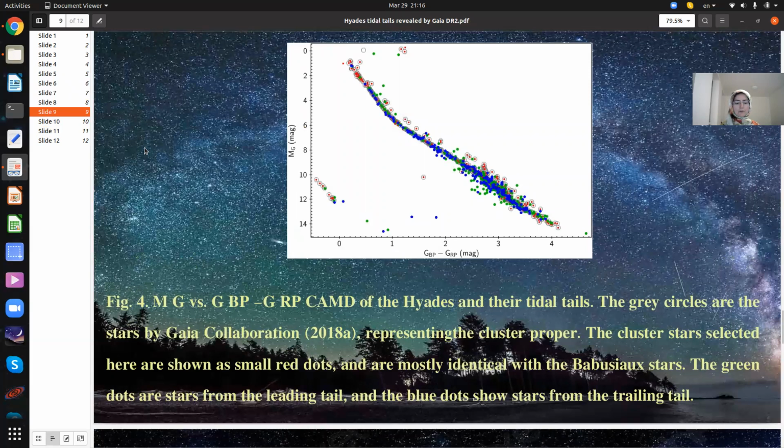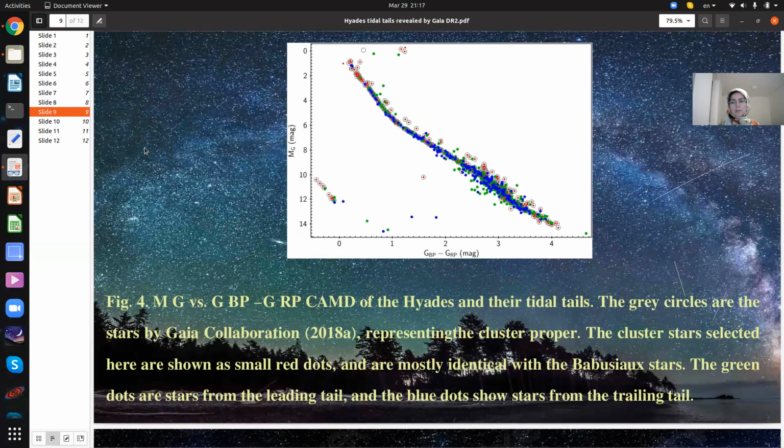And in figure 4, you can see the M_G versus G_BP minus G_RP color absolute magnitude diagram of the Hyades and the tidal tails. The gray circles are the stars from the Gaia collaboration, representing the cluster proper.